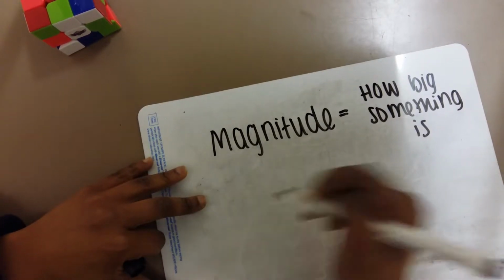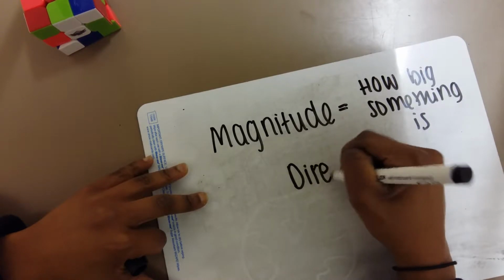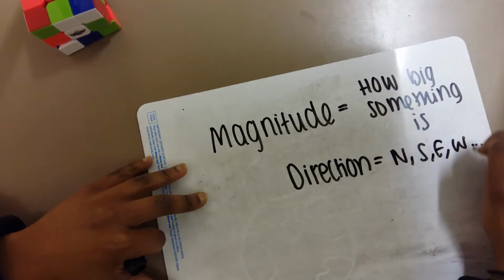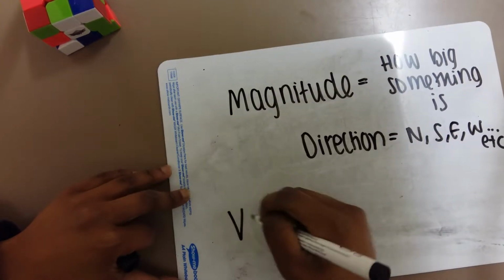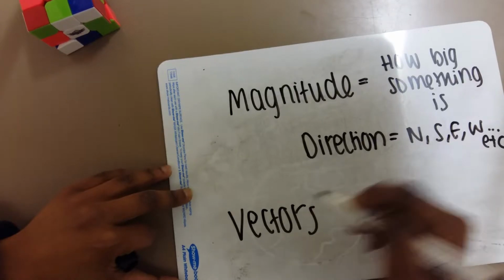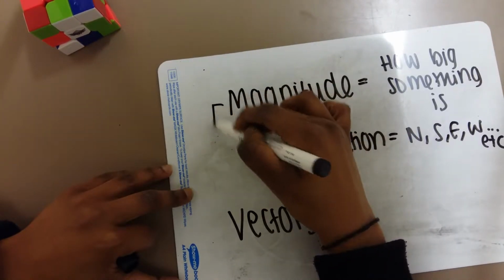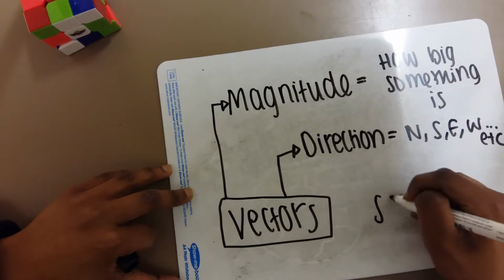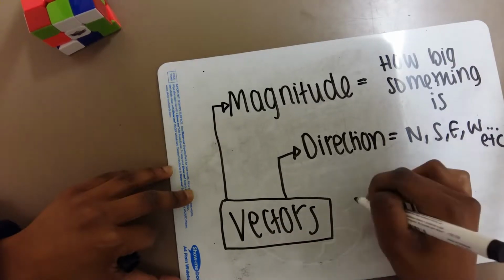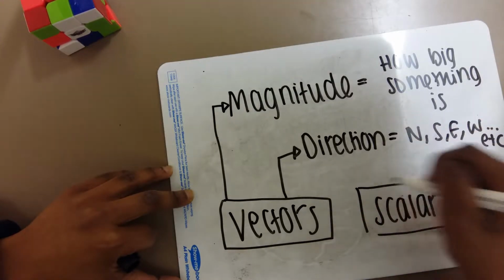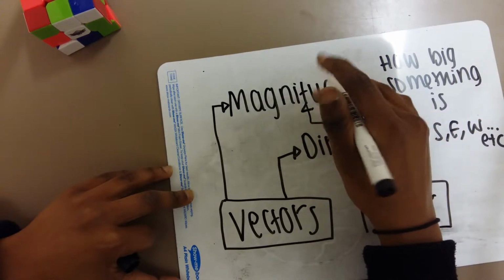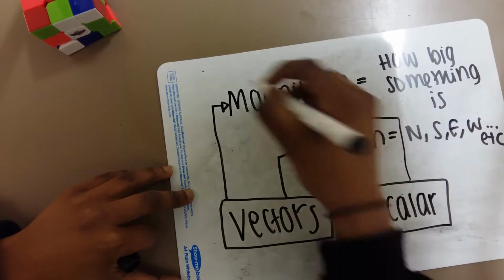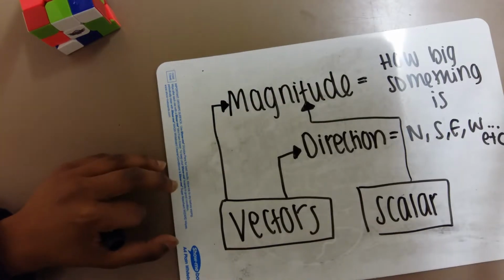So, vector quantities. For direction, I'll just put north, south, east, west, etc. Vectors are made up of magnitude and direction, while our good friends, the scalars, only have magnitude. I'm going to have to color those two arrows because I can't leave them empty.